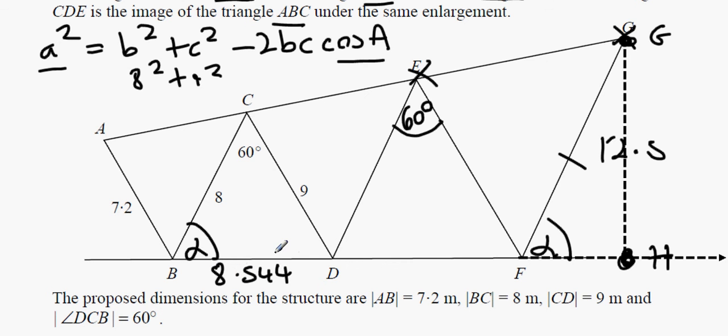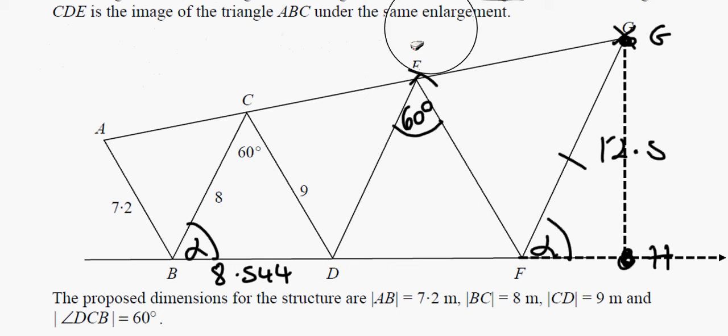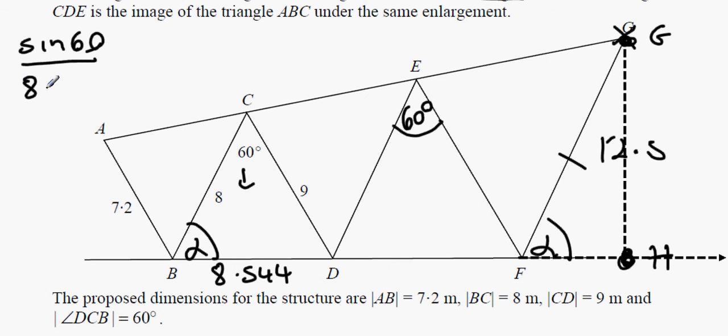To find out what angle alpha is, we're going to use the sine rule. So sine 60 divided by what's opposite it, the 8.544 we got earlier, equals sine alpha divided by 9.